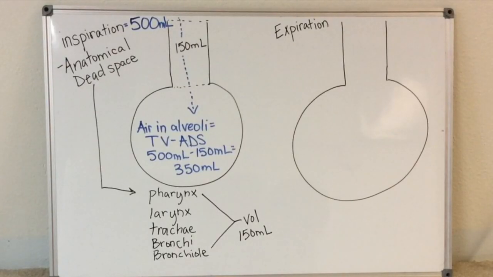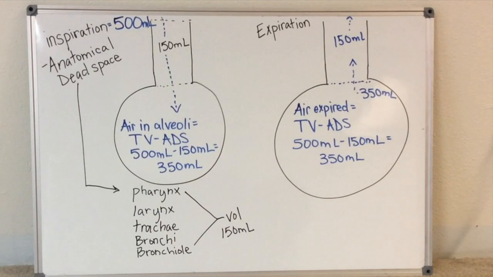The anatomical dead space also affects the volume of air that is expired back into the environment. Once again, the amount of air expired is equal to the tidal volume minus the anatomical dead space. All of the air cannot be forcefully expired from the anatomical dead space. These passageways must remain filled during expiration.